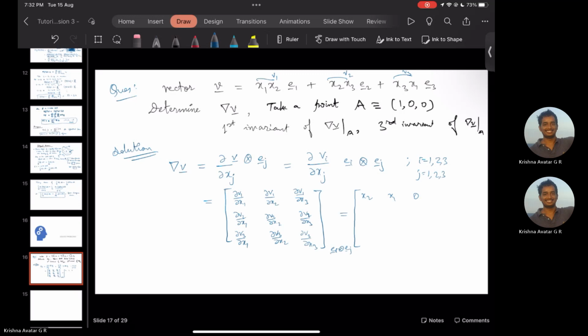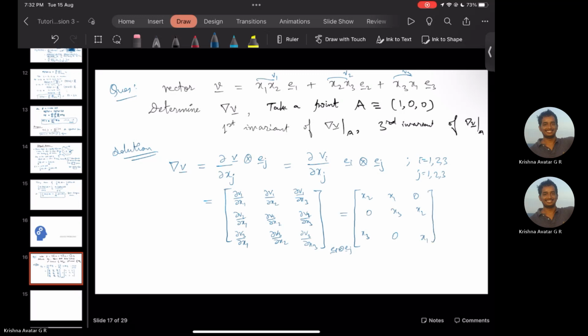And partial v2 by x1 is 0. Partial v2 by x2 is x3. Partial v2 by x3 is x2. Now partial v3 by x1 is x3. Partial v3 by x2 is 0, because v3 doesn't contain x2 as a factor. And then partial v3 by x3 is x1.